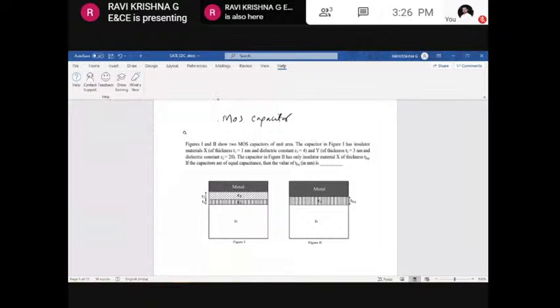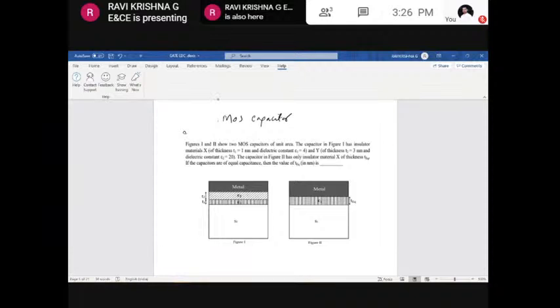This is figure 1, and this is figure 2. Here it is given that figures 1 and 2 show two MOS capacitors of unit area, which means the area of those two MOS capacitors will be the same.